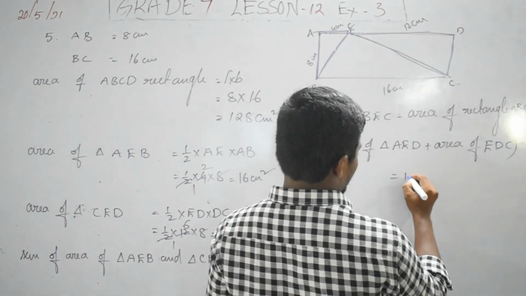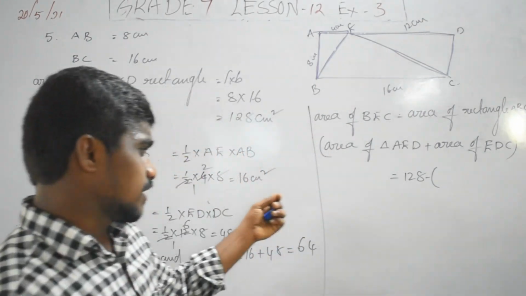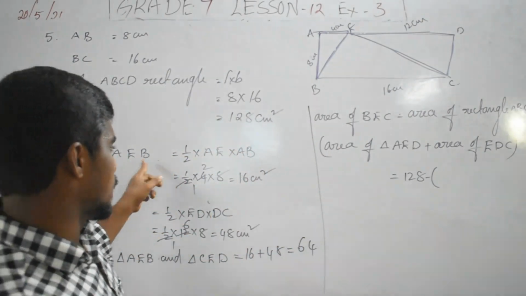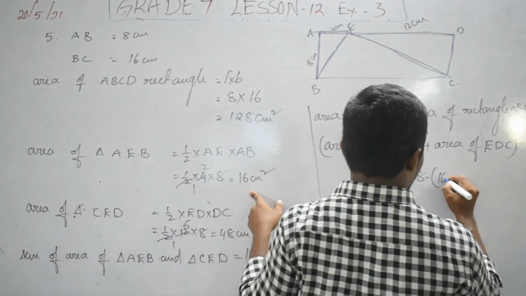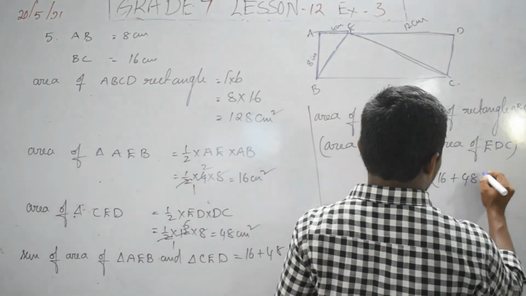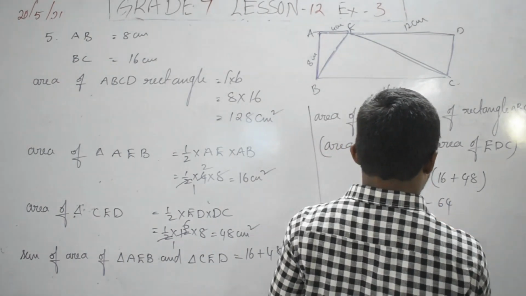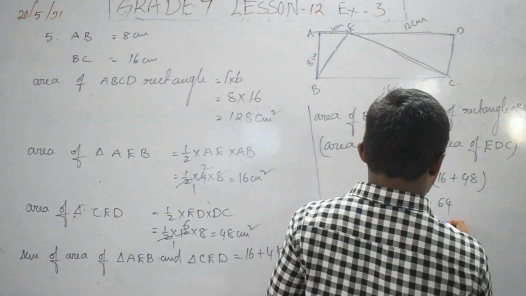Area of the rectangle 128 minus area of the triangle AEB 16 plus triangle EDC 48. Here 128 minus 64 centimeters.